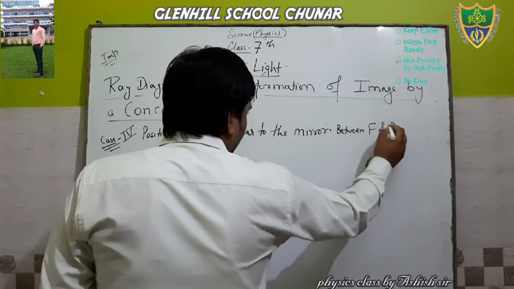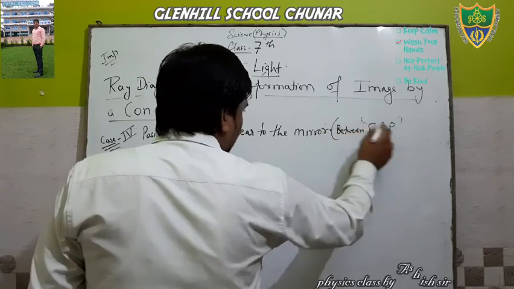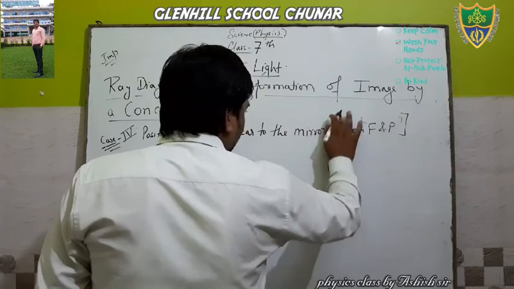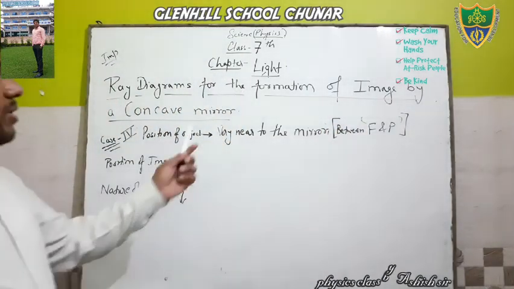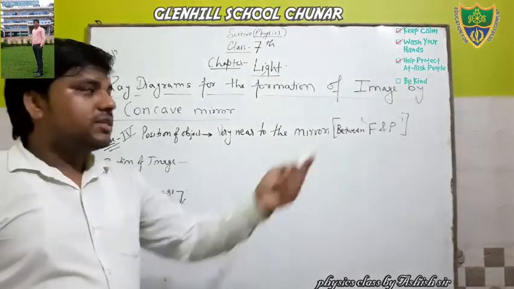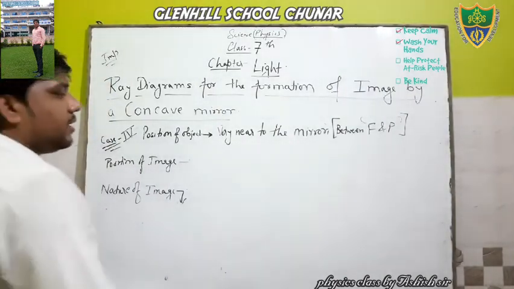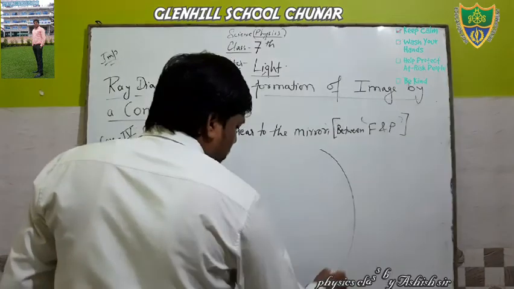Very near to the mirror means between focus and pole. So let's draw it. First draw it.